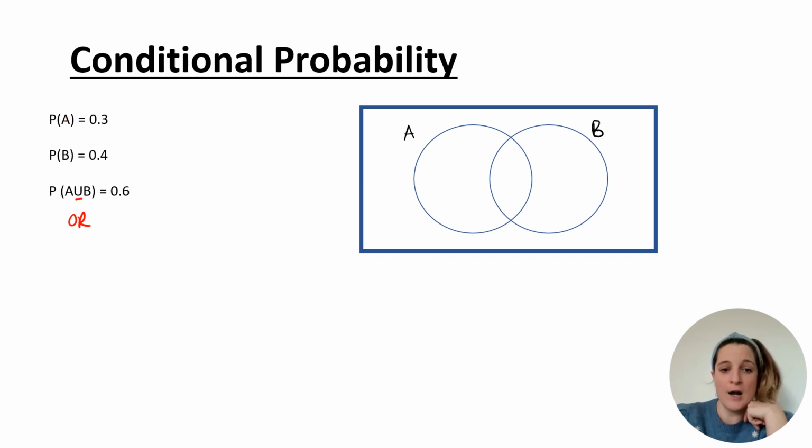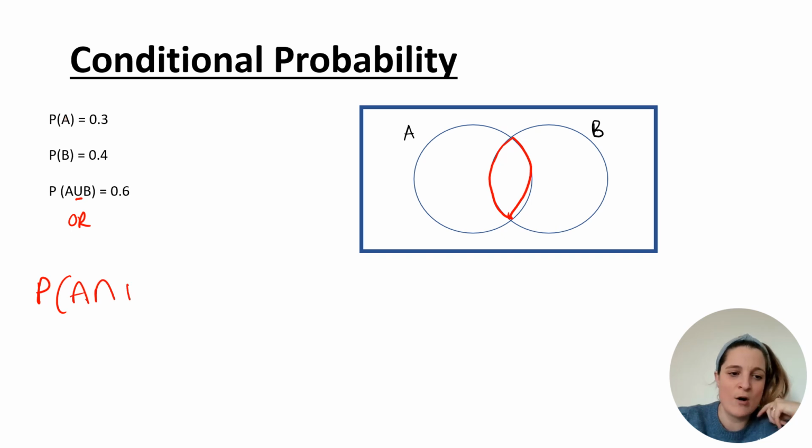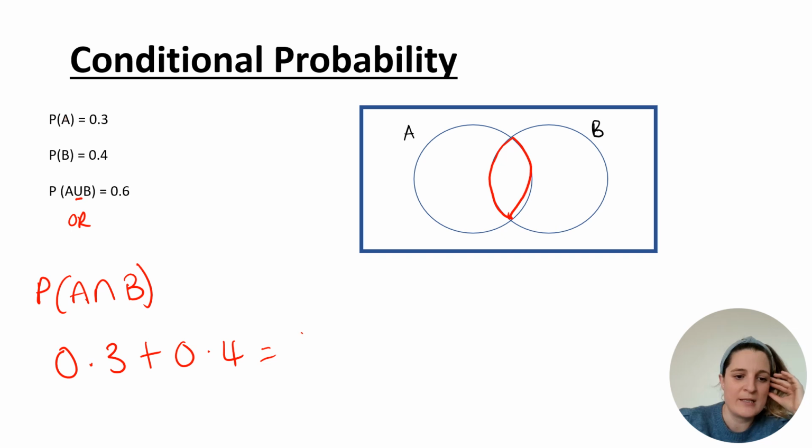So the first thing I want to do then is I want to know the intersection. I always really want to put this in my Venn diagram first because then I don't make mistakes. Remember that intersection is the probability of A and B both happening. So to do that, I'm going to add the probability of A and B together, which is 0.7.